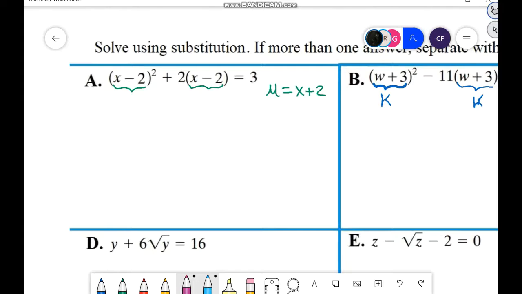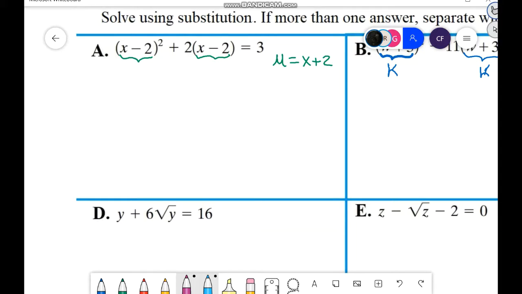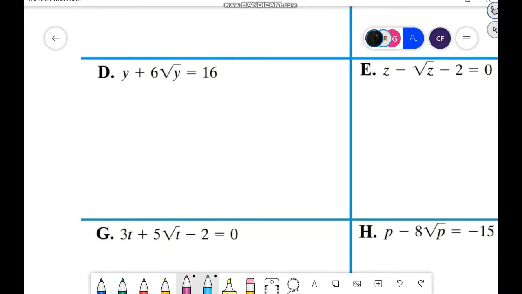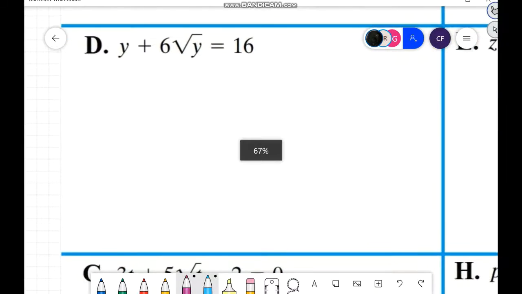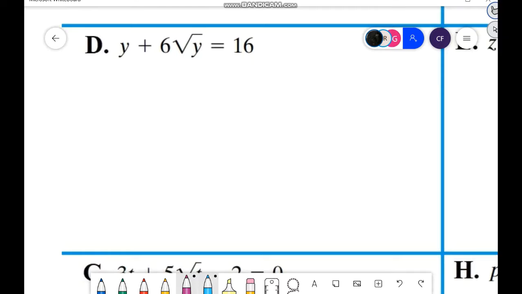Letters A, B, and C, you have to solve like the example we worked before. You substitute into the equation, find the solution for u, and then you change again, substitute again, and find the solution for x. I want to solve letter D. This example is a little bit different from the example we worked before.